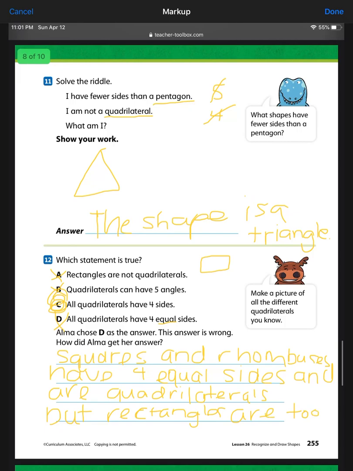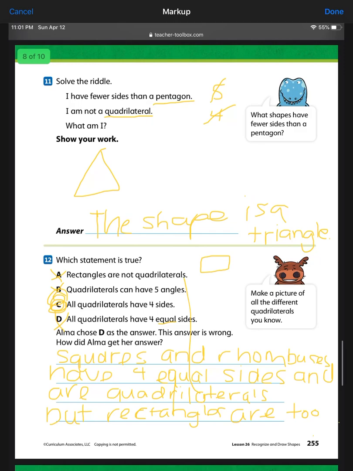They are quadrilaterals that, well, my pen's not working. They are also, and they do not have equal sides.